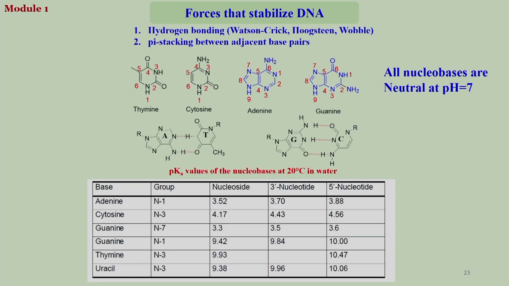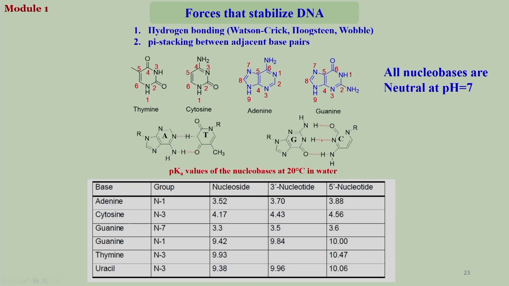If you take the enolate forms or the imine forms for the amine groups, you will see that those forms are not stable at the physiological pH of 7.4, and the keto form and the amine forms are the stable forms. So in DNA the nucleobases will exist in this form, which is a kind of locked structure, and that is of course responsible for the Watson-Crick base pairings, these AT base pairs with 2 hydrogen bonds and GC base pairs with 3 hydrogen bonds.